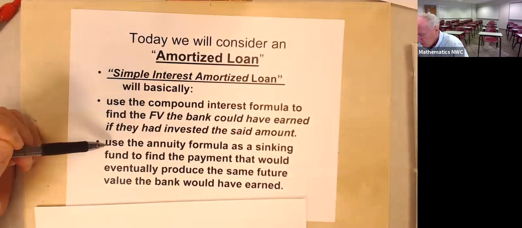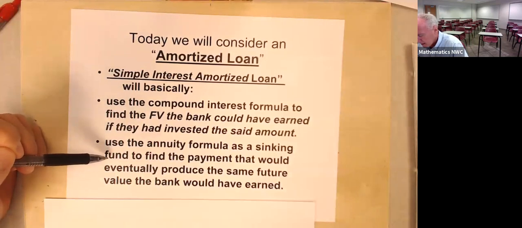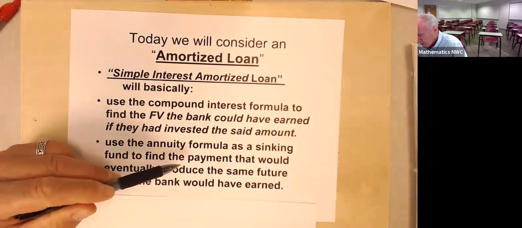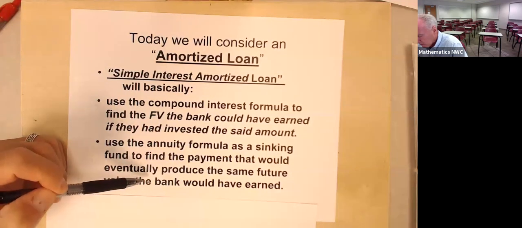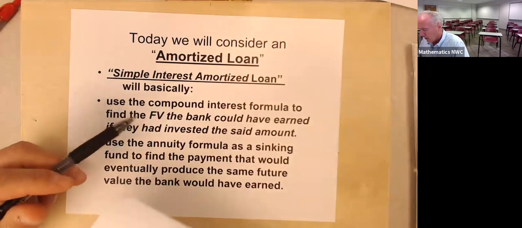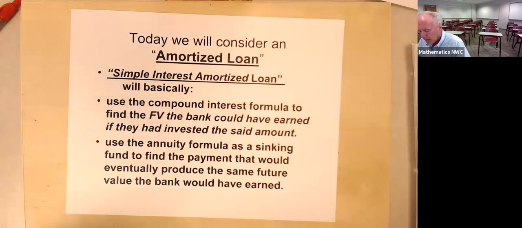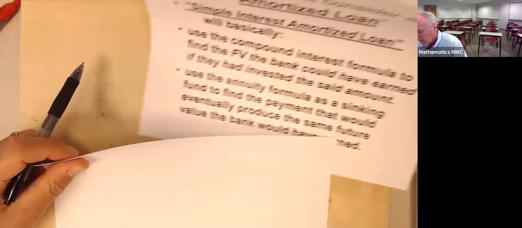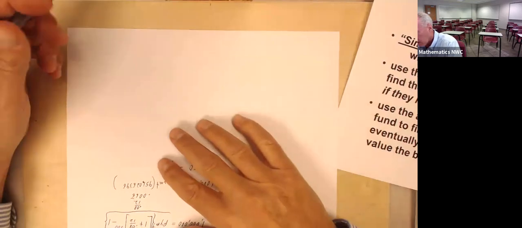Then you would also use the annuity formula as a sinking fund to find the payment that you would eventually produce to produce the same value that the bank would have earned. What do I mean by all of that? Well, this is what's going on.